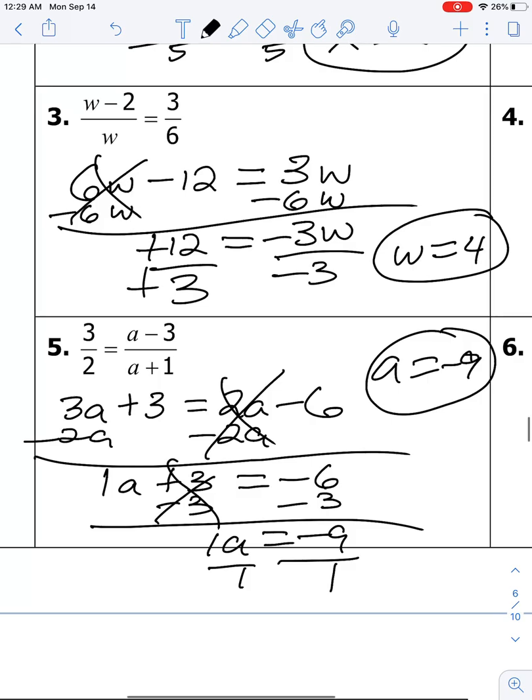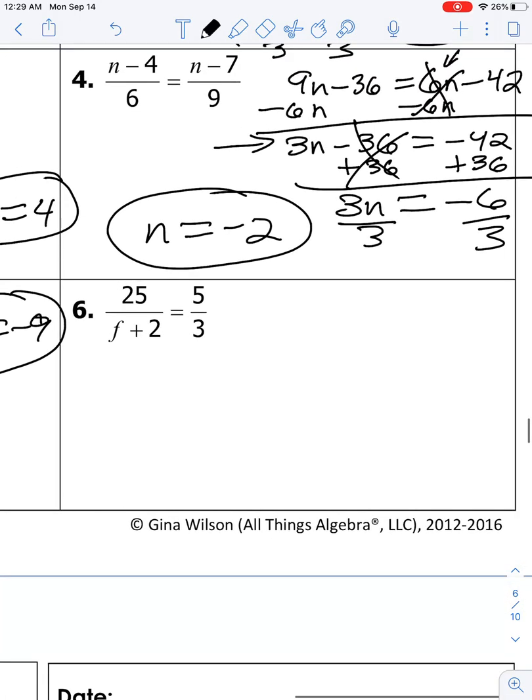All right. So now, last one. On this one, I usually want my letter on the left. So I'm going to start with the 5. So 5 times F is 5F. 5 times 2 is 10.